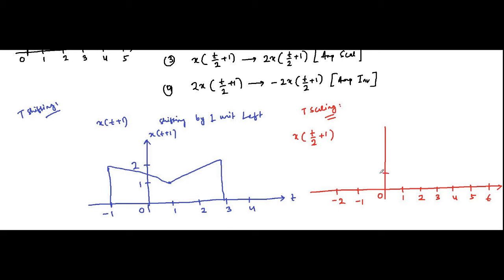Here it will be 1 and 2, let's say. The time scaled signal will be something like this. This is the time scaled signal, x(t/2 + 1). Simply what we did is multiply all of these t values within which the signal existed with 2.